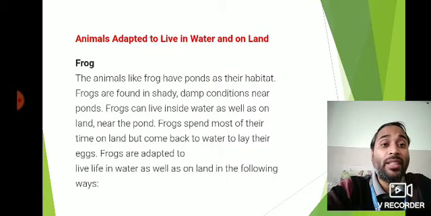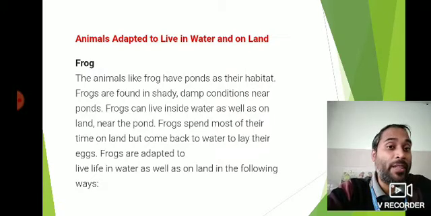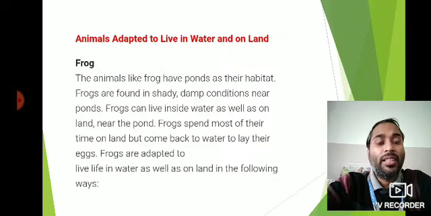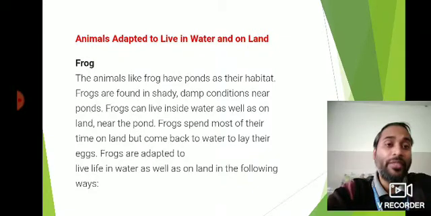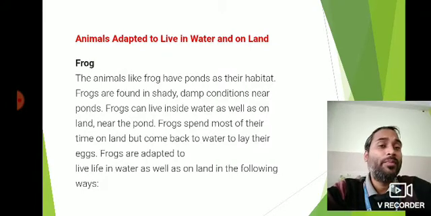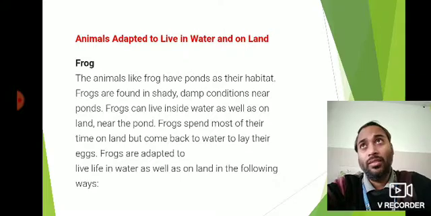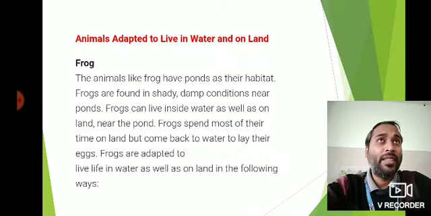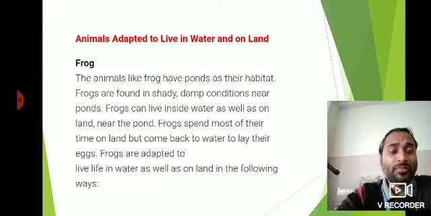Frogs can live inside water as well as on land near the pond, and therefore they are known as amphibians. Frogs spend most of their time on land but come back to water to lay their eggs. Why?